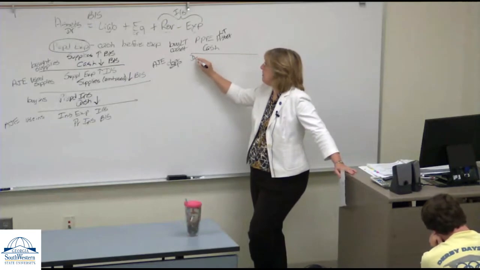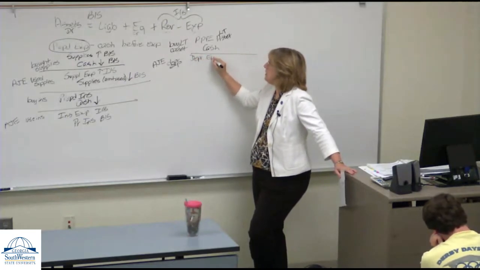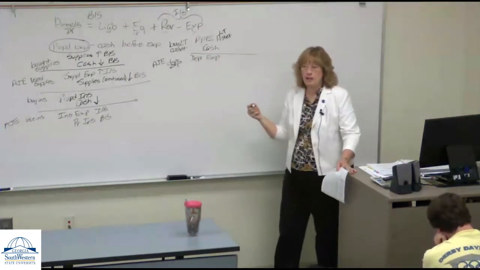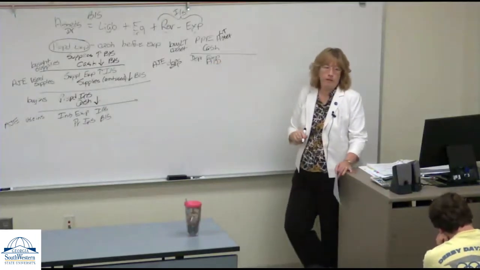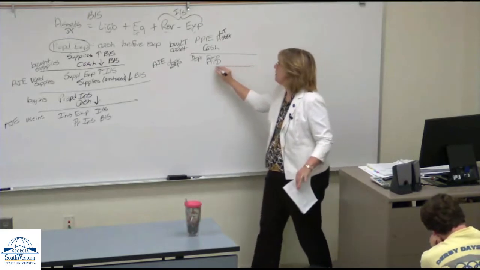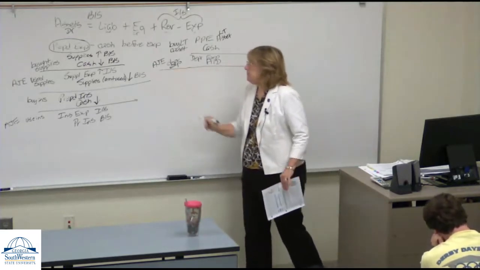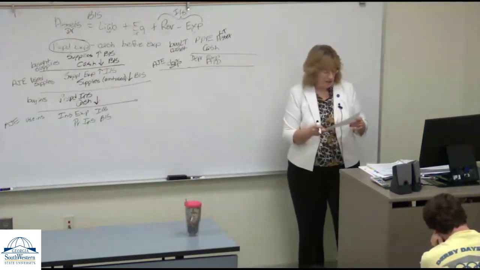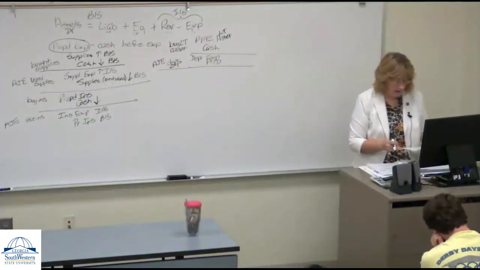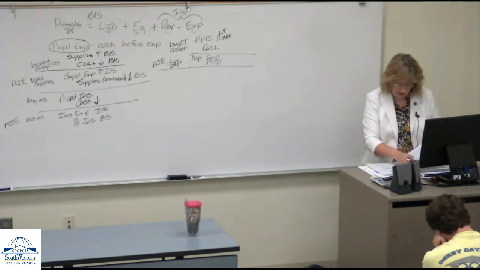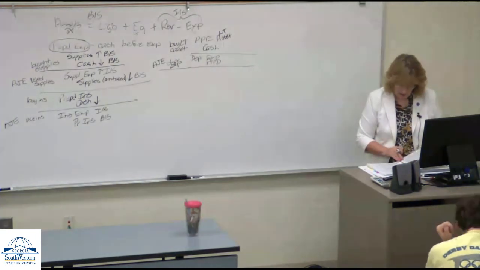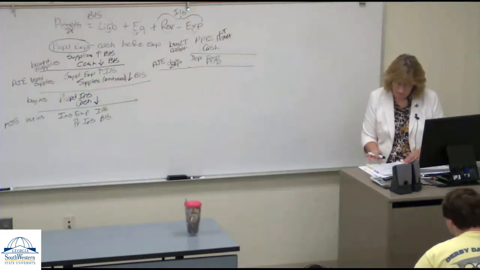Depreciation expense, and we credit a contra asset, which is accumulated depreciation, right? All right, so that is depreciation, which acts like a prepaid. We're just putting it in that category because it acts like a prepaid here.